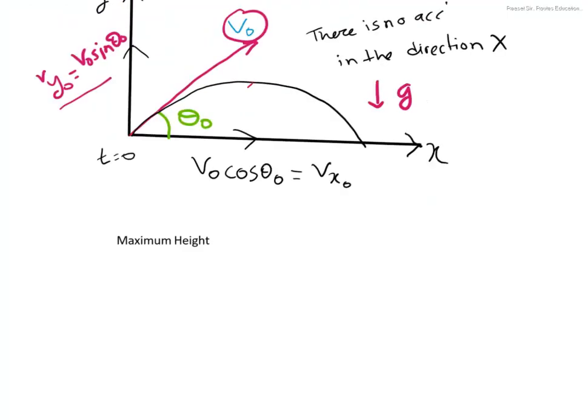Now we are going to calculate the maximum height of this projectile. Let us think this is our maximum height at point A, which we can write as h. So h would be our maximum height. If we draw a tangent at the point A, we can find the direction of the velocity of the projectile, which is v, and we can see that this angle is actually 0 degrees. So vy equals v sine theta, which is v sine 0, and that gives us a velocity of 0.